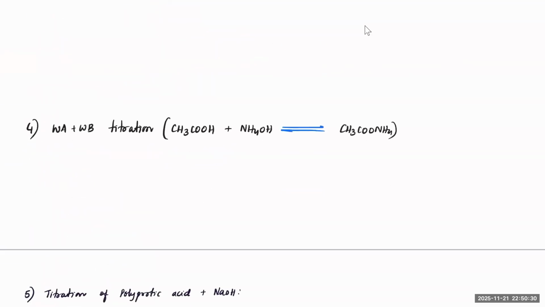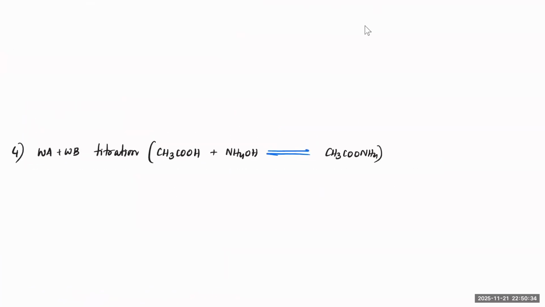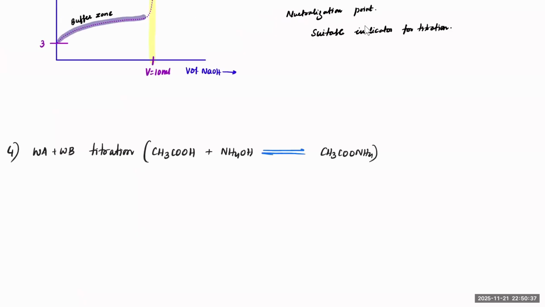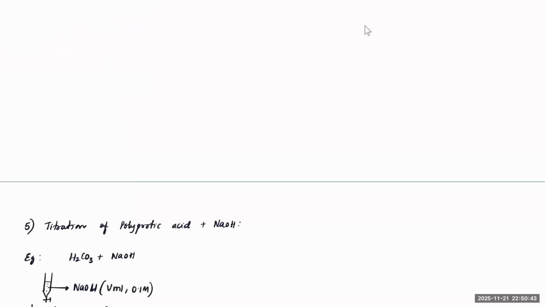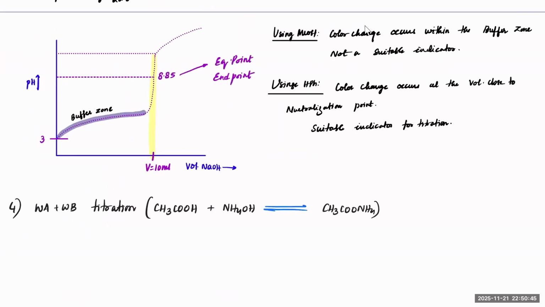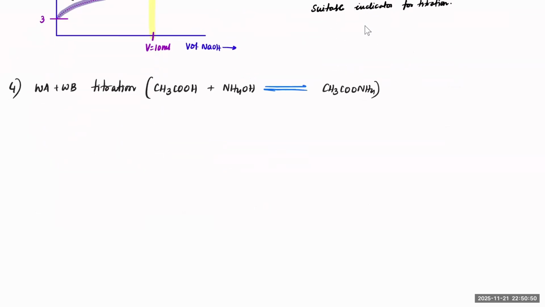Right. The last thing is about weak acid and weak base titration. Got it? Here, none of them is a suitable indicator. No calculations required here. You just need to understand that directly. None of these remain suitable indicators here. Okay. So let me just take up the graph here now.